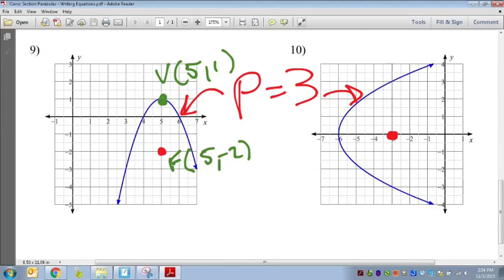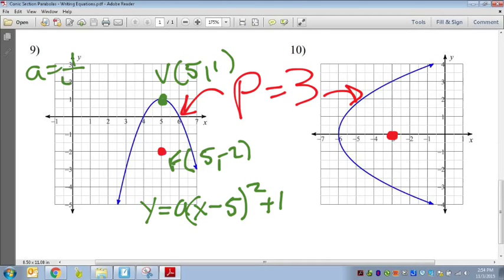So far my parabola is going to be y equals a times x minus 5 squared plus 1. A goes right here, and of course we know a equals 1 over 4p. And we said that p is 3, so that means it's going to be 1/12.